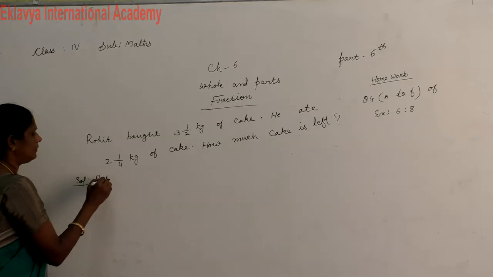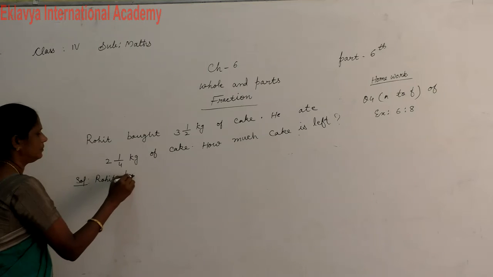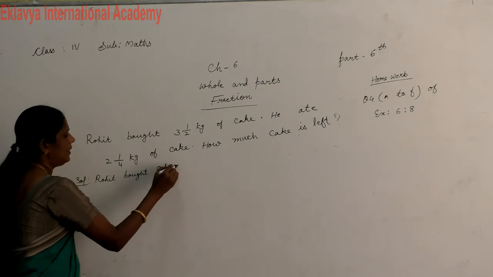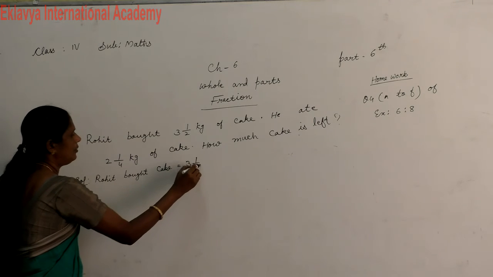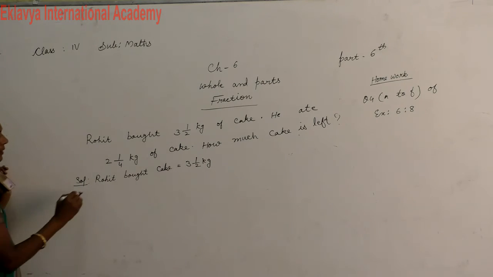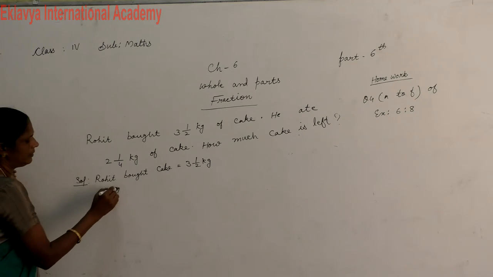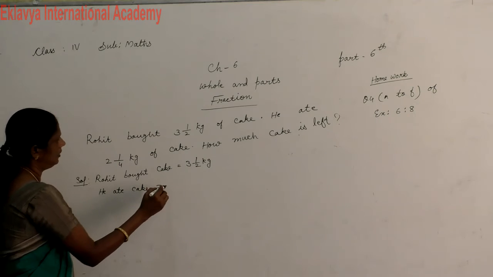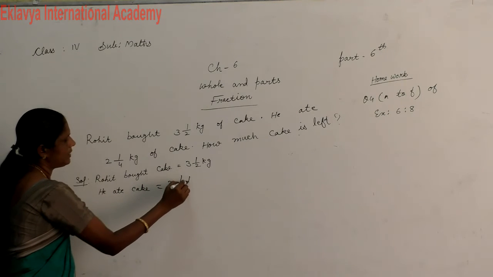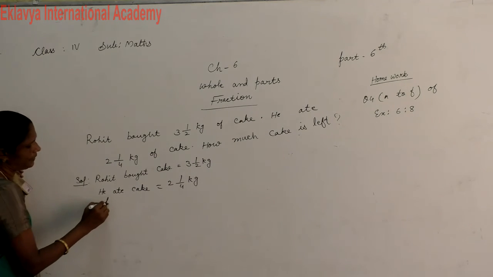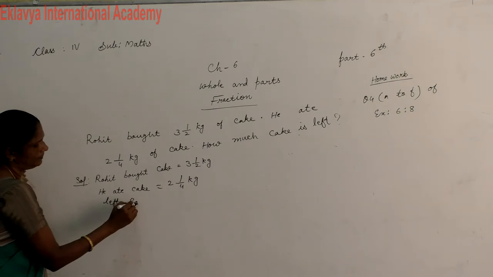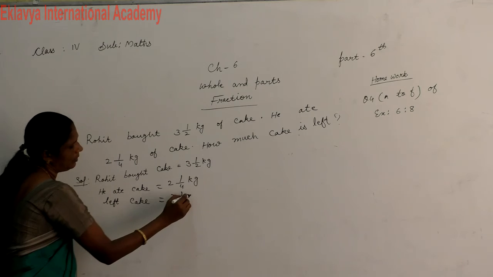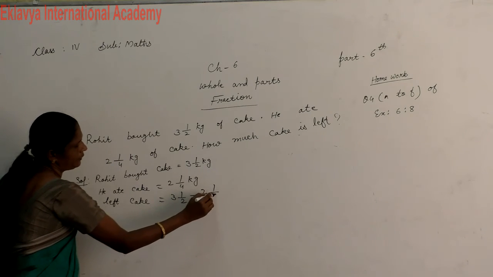Rohit bought cake is equal to 3 1 by 2 kg. Then he ate cake is equal to 2 1 by 4 kg. Then left cake is equal to 3 1 by 2 minus 2 1 by 4.